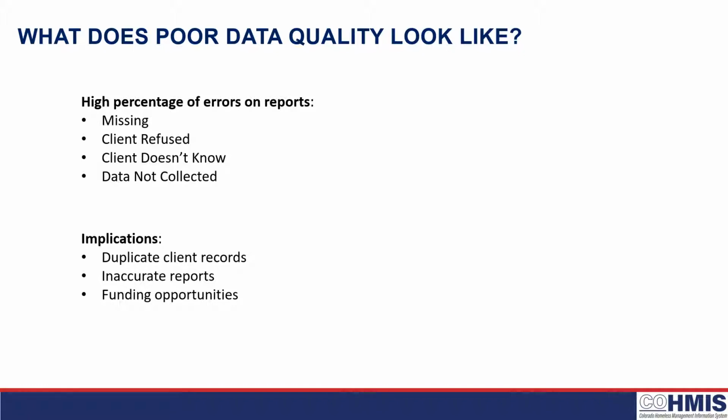It can also negatively impact our ability to secure funding opportunities. As I mentioned previously, communities with higher data quality can be prioritized over communities with low data quality. So we want to strive to make sure we're collecting the most complete and accurate information about our clients as possible and entering that into HMIS in a timely manner.